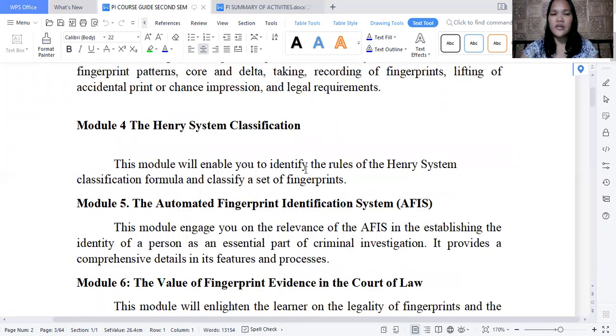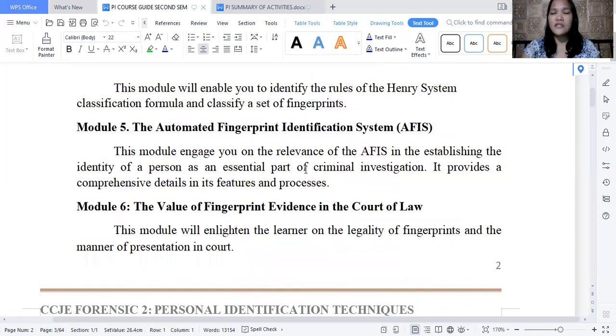Module 4 is the Henry system classification. This was initiated and made known by Edward Richard Henry, who was known to be the father of fingerprints. Rules are also provided and you will be required to apply the formula so that you will come up with an accurate classification of a set of fingerprints.